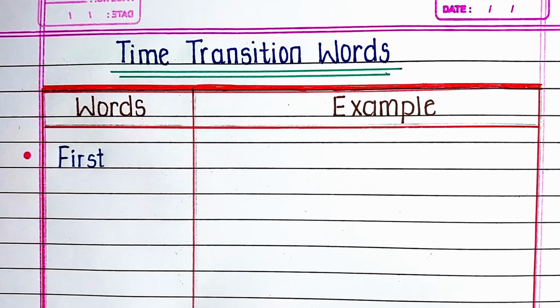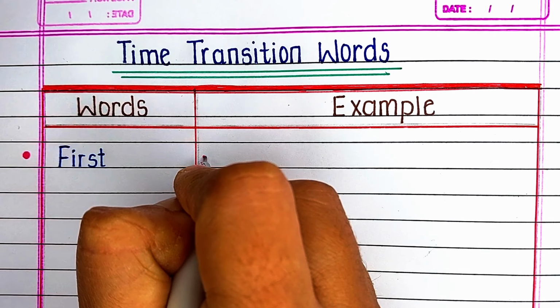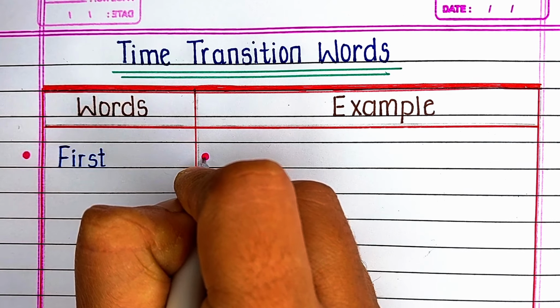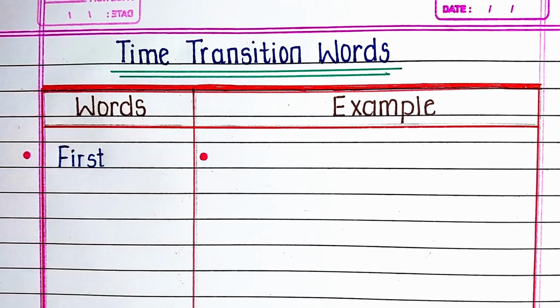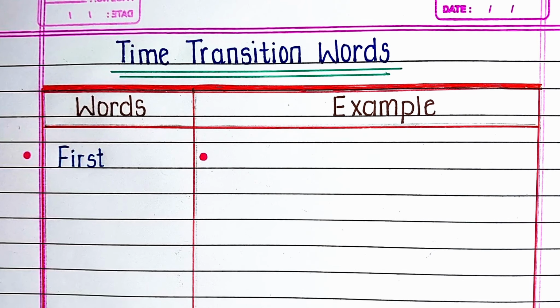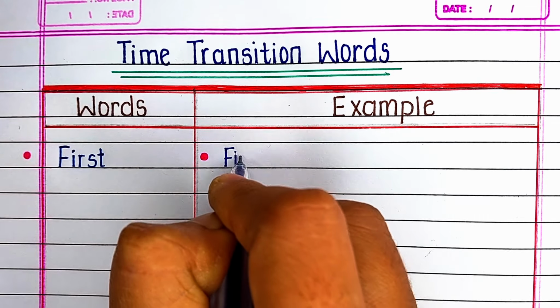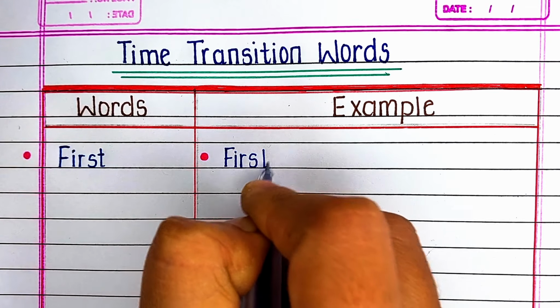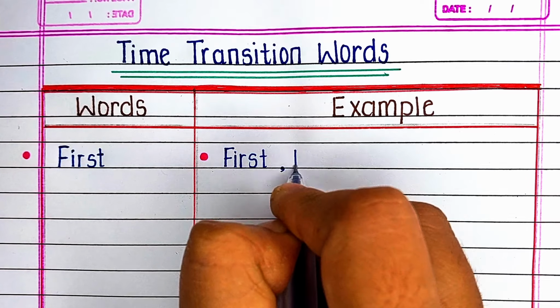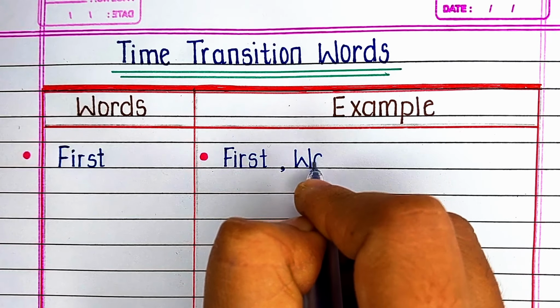You can also use them to show when something happened or will happen in relation to another event. Time transition words help readers follow the order of events in a narrative. Now, let's learn about them with the help of examples.